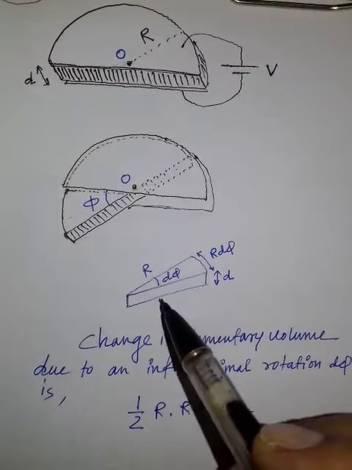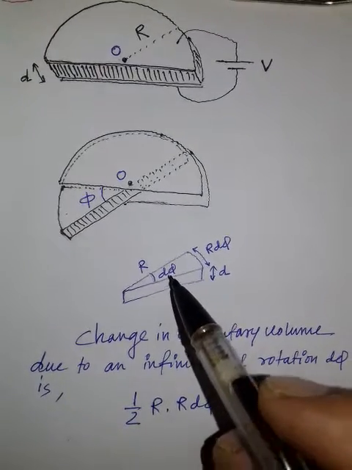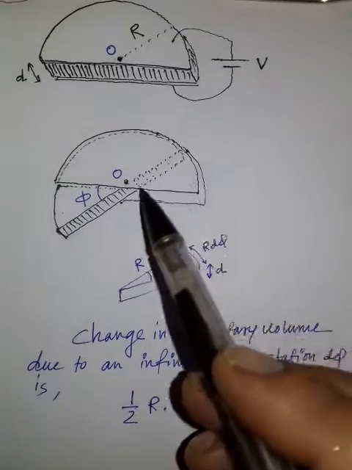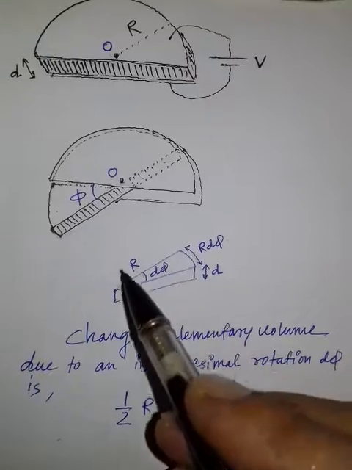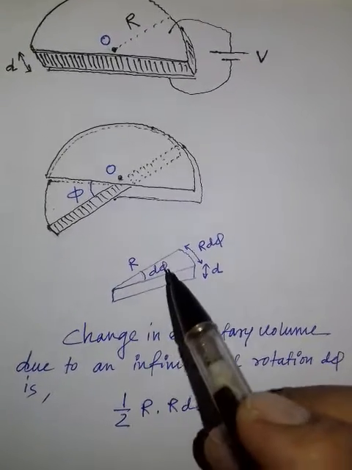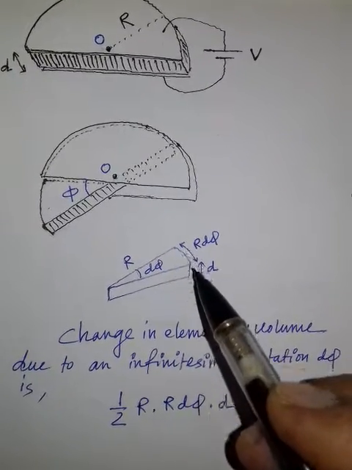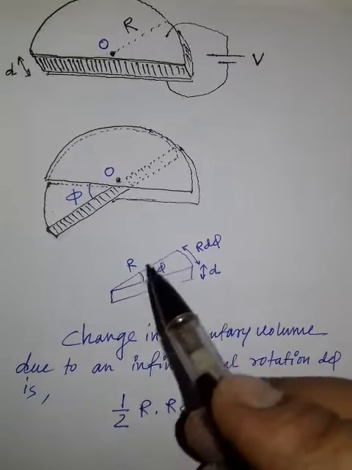Then, due to this elementary further rotation, the change in volume within these plates would be the volume of this portion. When d phi tends to 0, this arc length r d phi would be perpendicular to this r.